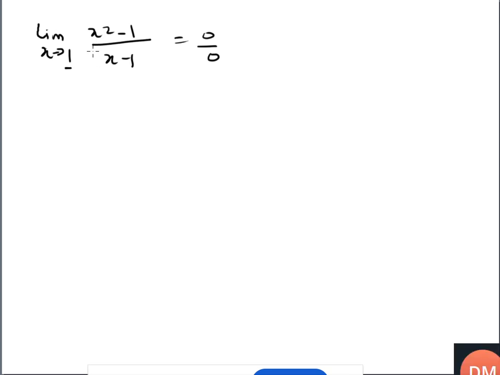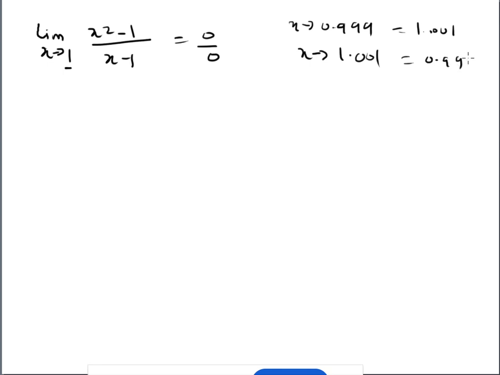So now we want to find the value as we approach 1, not exactly 1, but as we approach 1. If you let x be 0.999, as we approach 1 from the left, we get something like 1.999. Now approaching x equal to 1 from the right, let's take 1.001, we get something like 2.001.